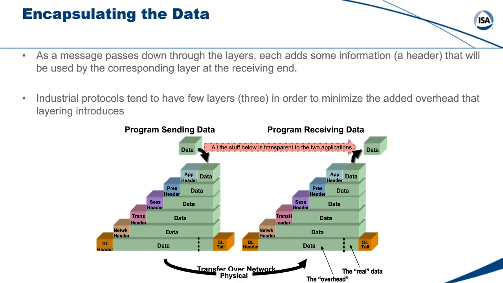This slide illustrates the full ISO model for communication protocols that was developed in the 1970s. On the left, you'll see an application that wants to send a piece of data to another computer. As the data passes down each of the 7 protocol stack layers, additional header information has to be added. This results in a very large packet of information that needs to be sent to the receiving computer.